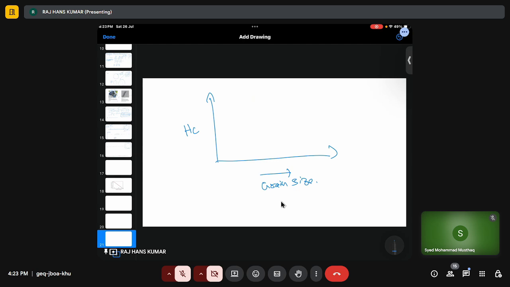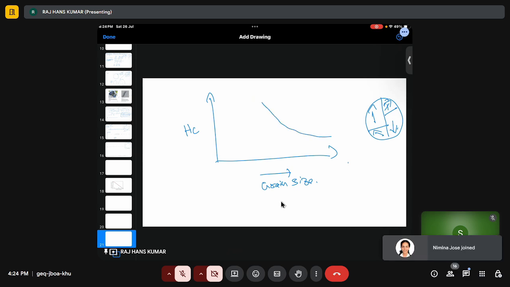Now first the coercivity: if I decrease the grain size, so this is my large grain, then I have domains like this. If I decrease the grain size, the coercivity value will increase.